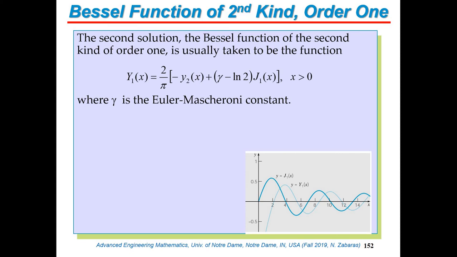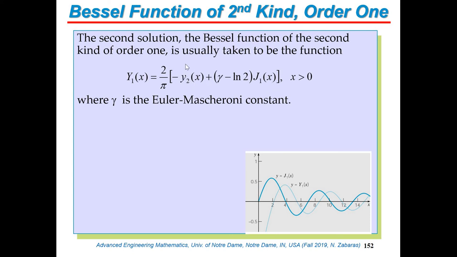So I can give you a plot of the solutions J1 and Y1. By the way, similar to what we did before, this Bessel function of the second kind of order 1 is defined by linear combinations of y2 and J1.